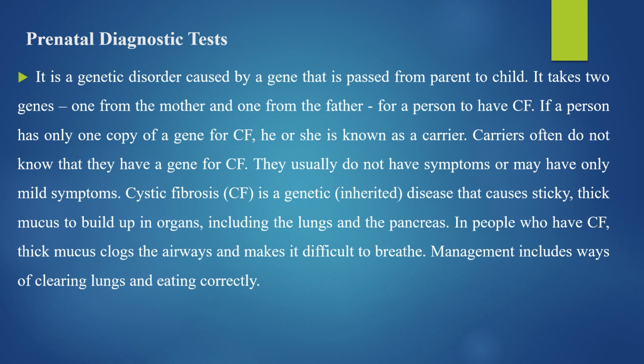In people who have CF, thick mucus clogs the airways and makes it difficult to breathe. Management includes ways of clearing the lungs and eating correctly. So in CF, cystic fibrosis, it is about accumulation of mucus in the lungs and also in the pancreas, and some such persons have difficulty in breathing.